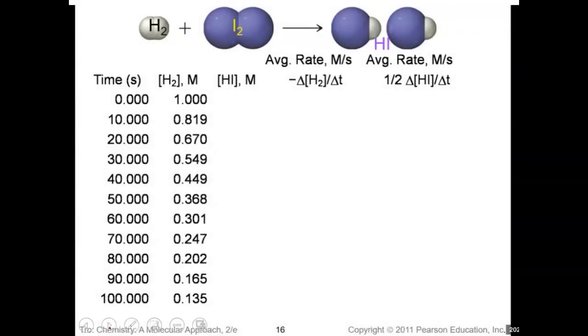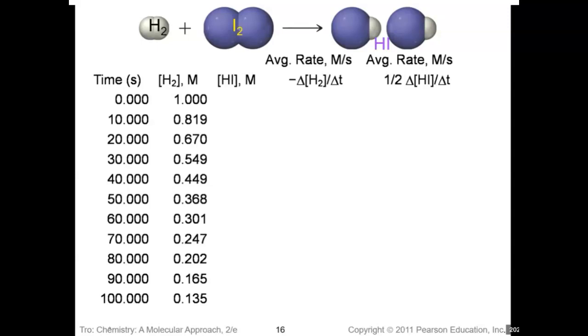Okay, so now we're going to look at actual concentrations. So here's our H2, our I2, and our HI. So at the top, you have the balanced chemical equation. And remember, there's 2 HI, so we need to correct for it. So if we want to look at the average rate, remembering that rate is the change in H over time, the stoichiometry tells us that for every 1 mole of H, 2 moles of HI are made.